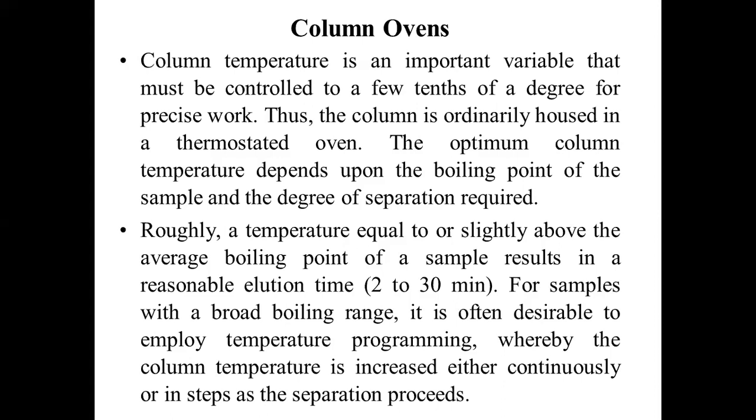The same range of temperature is not applicable for the separation of all solutes. Therefore, we program the temperature. If we elute the solutes by programming the temperature, that is called gradient elution in gas chromatography.